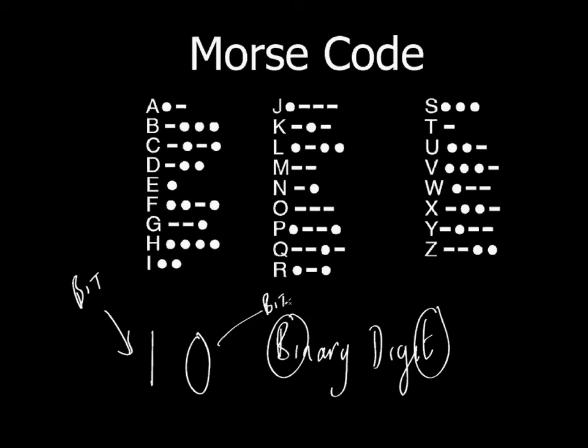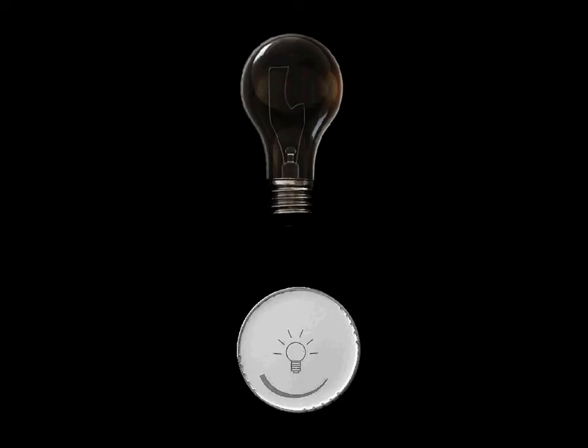The process of converting analog data into digital data is known as encoding, and the process of converting digital data back into analog data is known as decoding. So what does analog and digital mean? Let's consider an everyday example of analog usage.